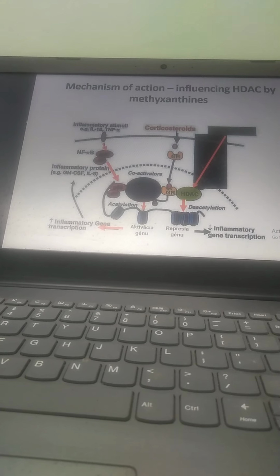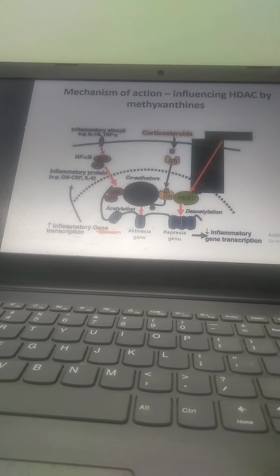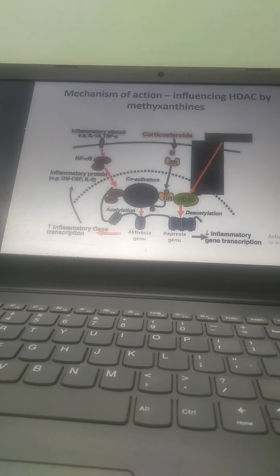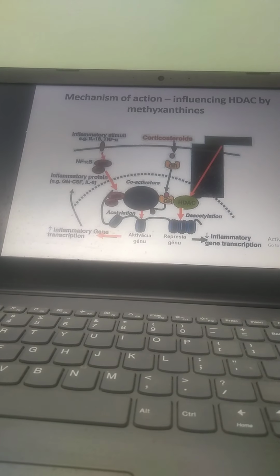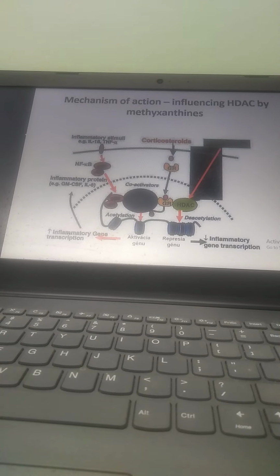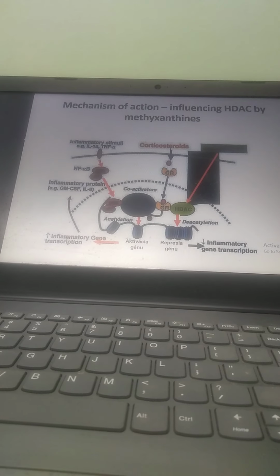So we can now talk about the mechanism of action of HDAC. HDAC is the histone deacetylase, and HAT is the histone acetyl transferase. Methylxanthine, theophylline, acts through HDAC, but as far as corticosteroids are concerned, they go intracellularly and co-activate the receptors.